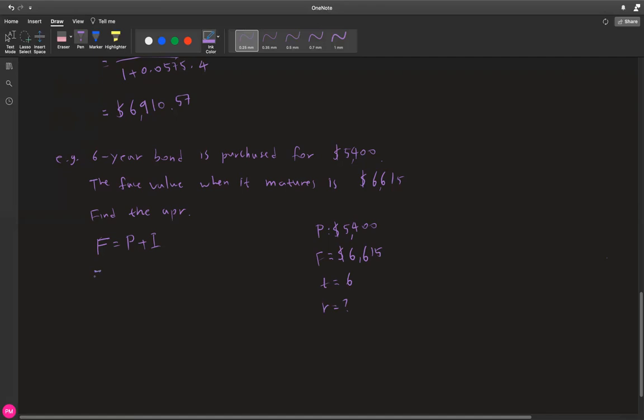This is actually the same as saying, so PRT. And we know that the face value in this case, 6615, is equal to 5,400 plus 5,400 multiplied by R, which is what we have to find, multiplied by 6.